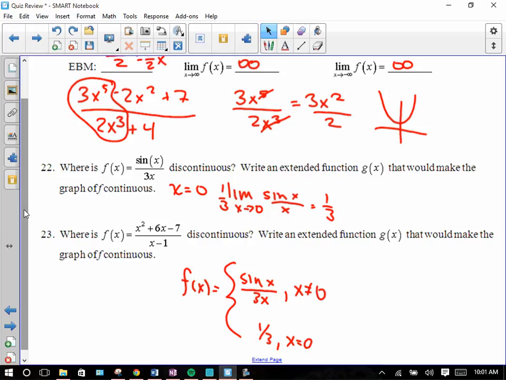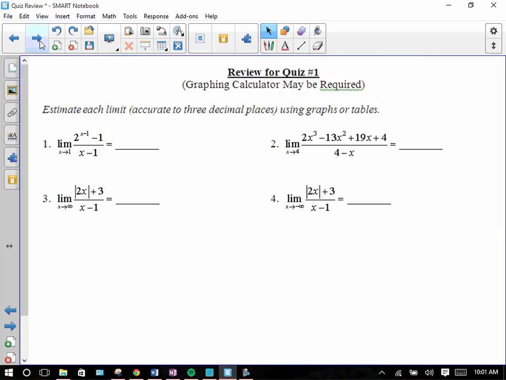Make sense? Okay. These ones right here, guys, this is what I said. If you need me to double check that you typed the answer correctly into your calculator, I will.